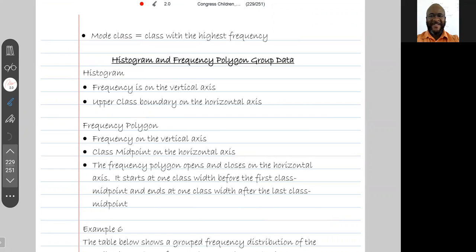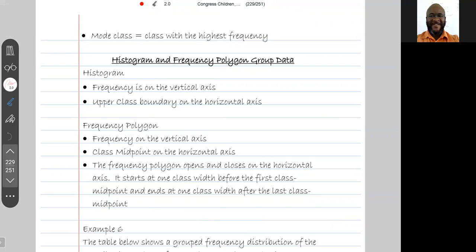Guys, on group data, one of the first things we need to learn is how to draw a histogram and a frequency polygon. At this stage, all I will say is that for the histogram, on the vertical axis you have frequency, and on the horizontal axis you're going to have the upper class boundary.